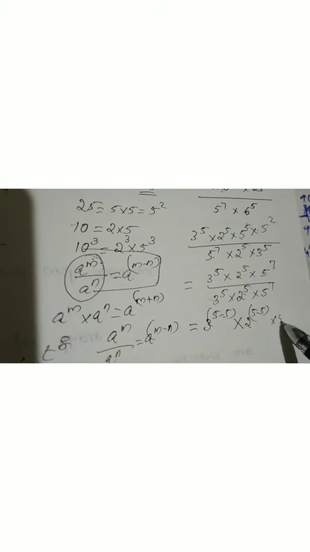So 3 raised to 5 minus 5 into 2 raised to 5 minus 5 into 5 raised to 7 minus 7. That is equal to 3 raised to 0, 2 raised to 0, 5 raised to 0. The value of 3 raised to 0 is equal to 1, 2 raised to 0 also 1, 5 raised to 0 also 1, because a raised to 0 is equal to 1. So that is equal to 1.